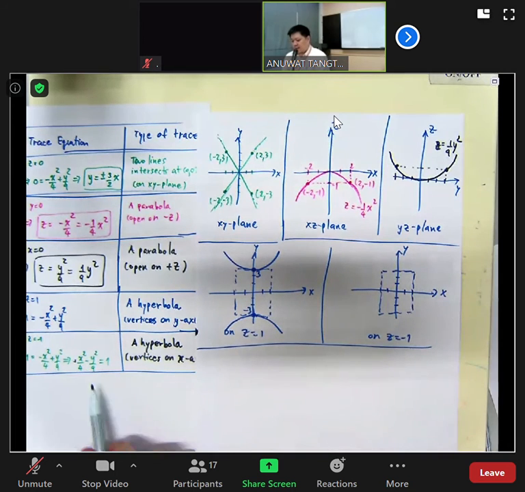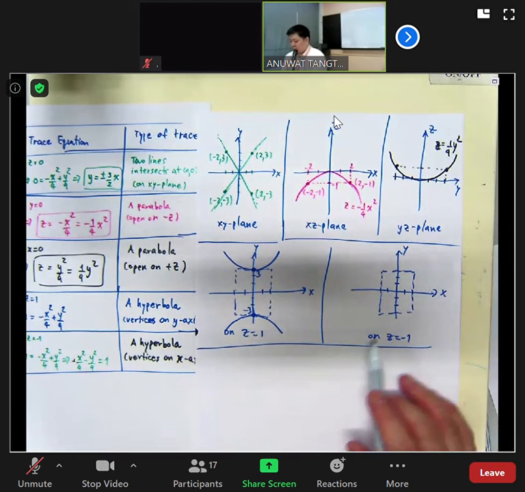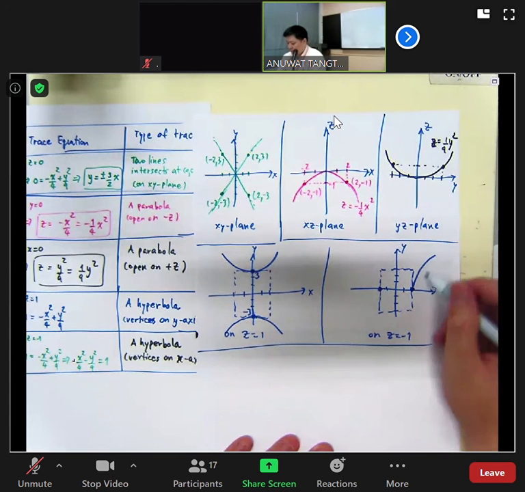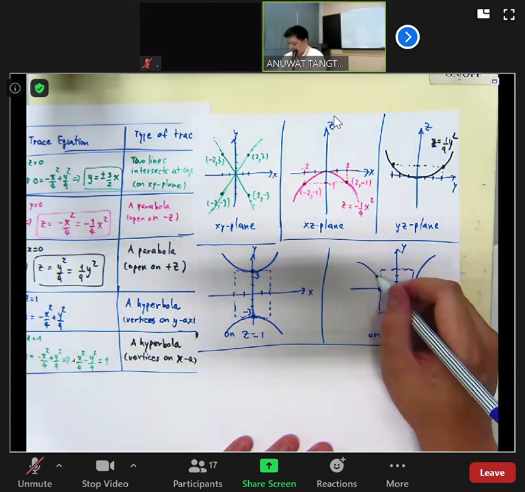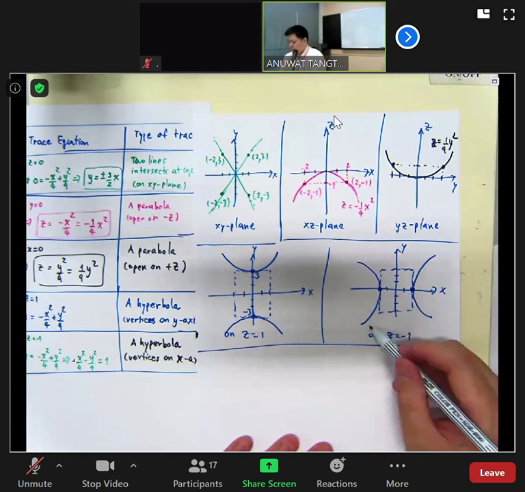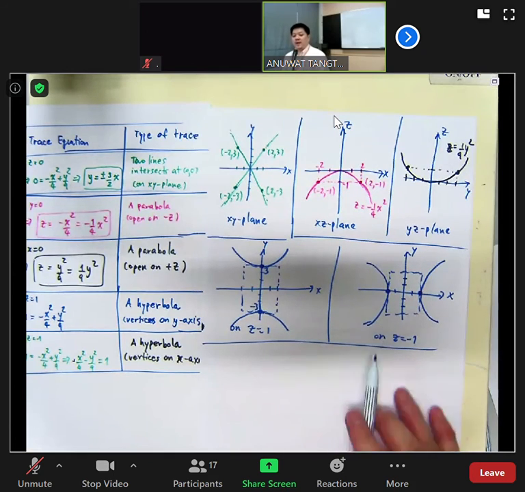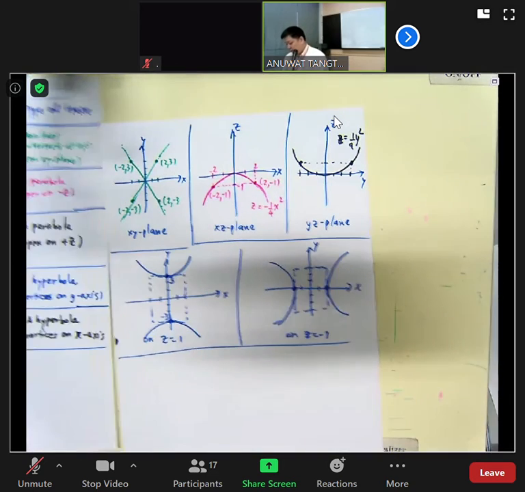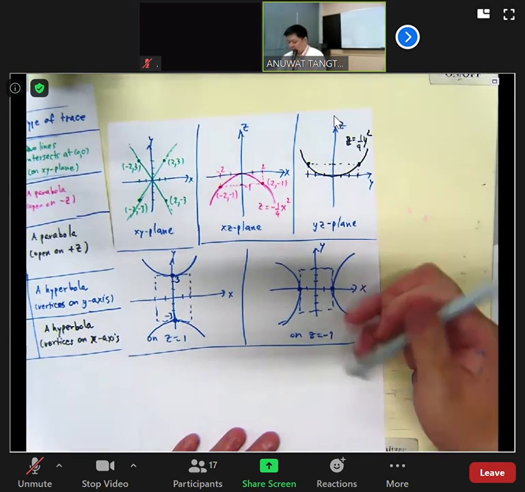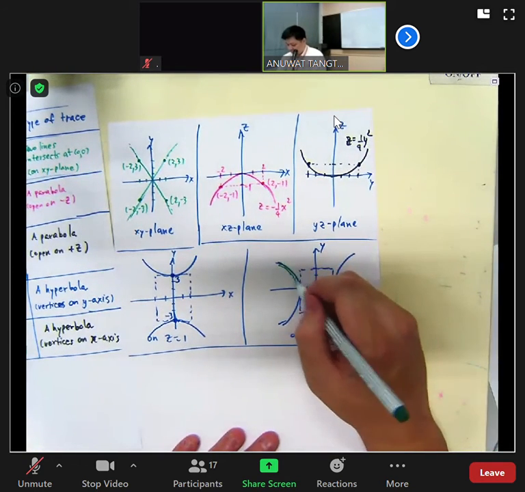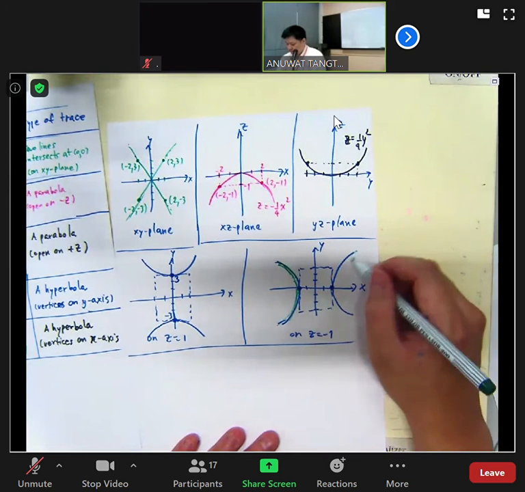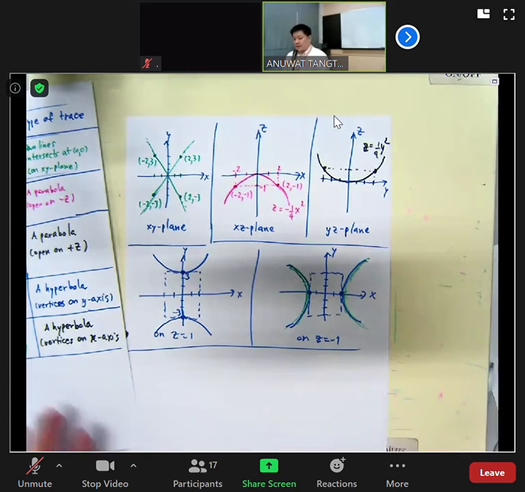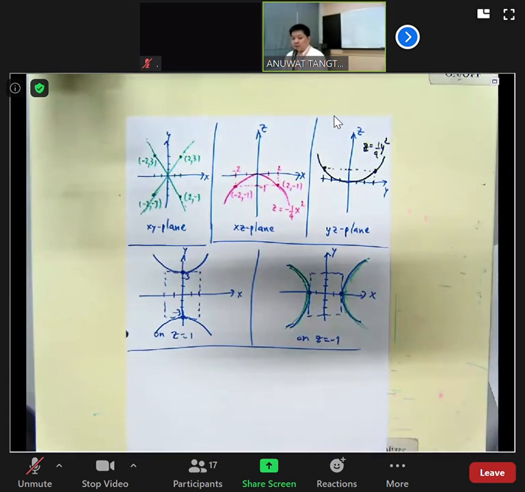But this time x is positive, so the hyperbola would have its axis on the x-axis. So it would be a different shape on z equal to 1 and z equal to minus 1. Oh, I'm sorry, I should use the green color for this one, so that you will see the difference when we combine them together.